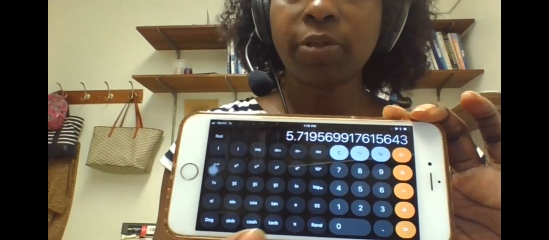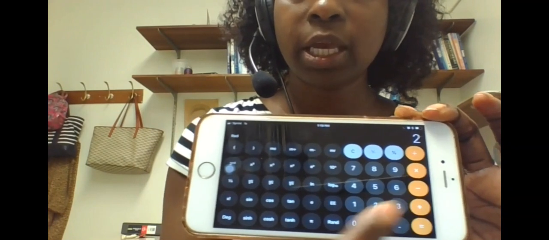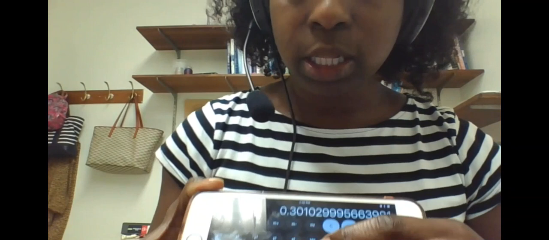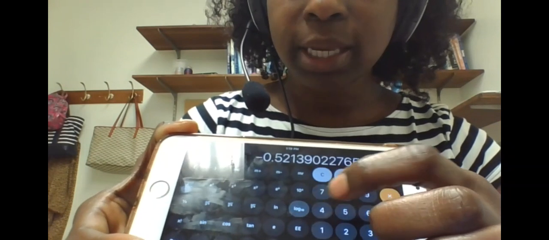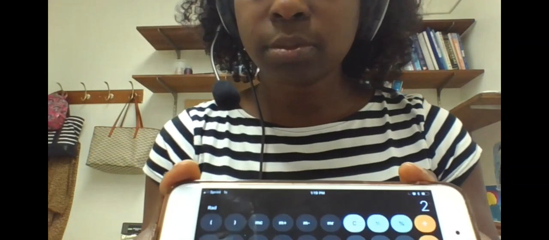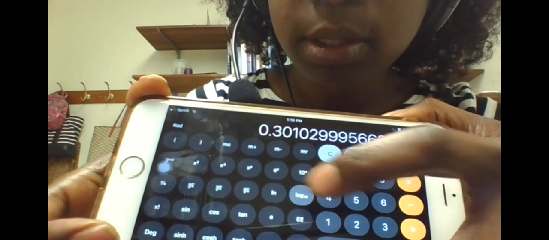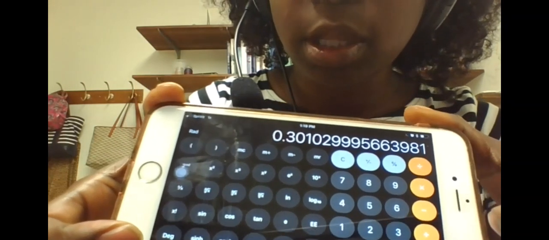So for any number that I want to use, let's say we put 2 in here. If I go over to where it says log base 10 and hit that, it will give me the log of that. I hit too many things, so let's try that again. If I hit 2 and then hit log 10, that gives me the log of 2.